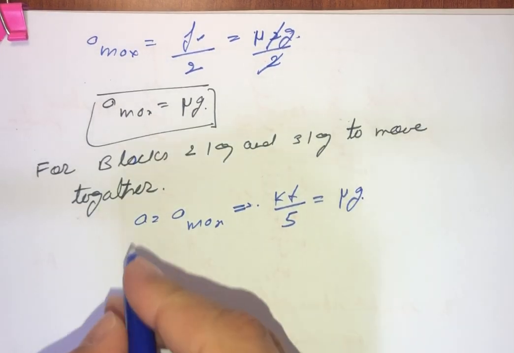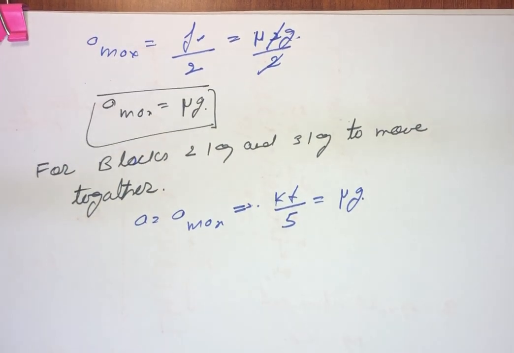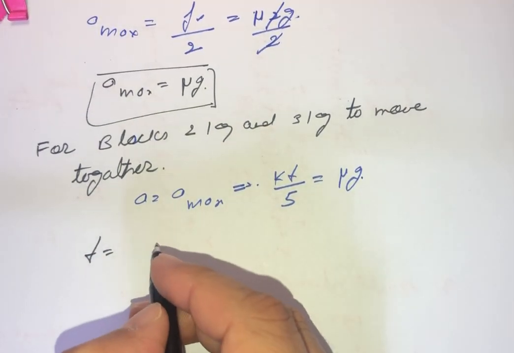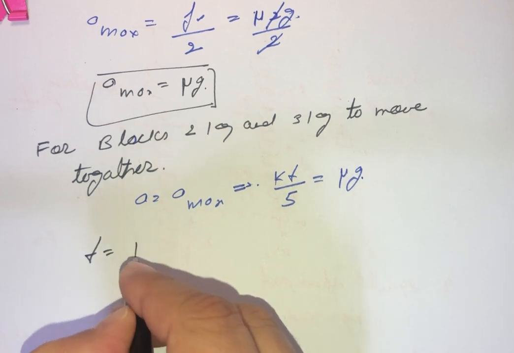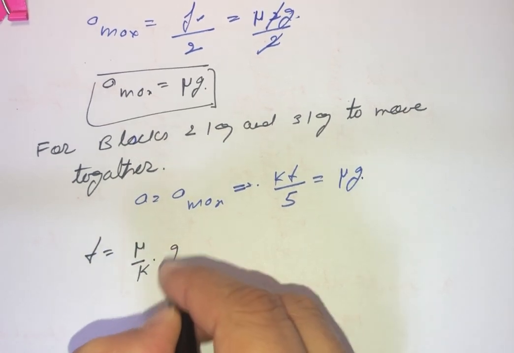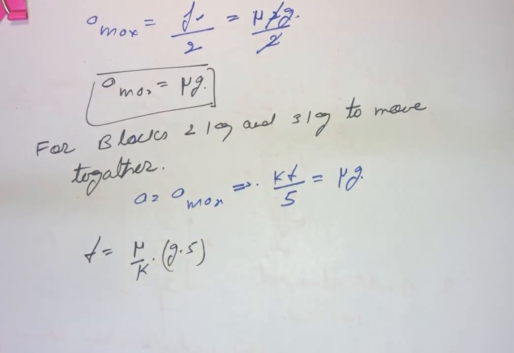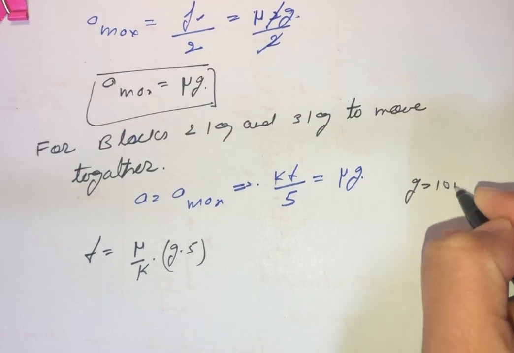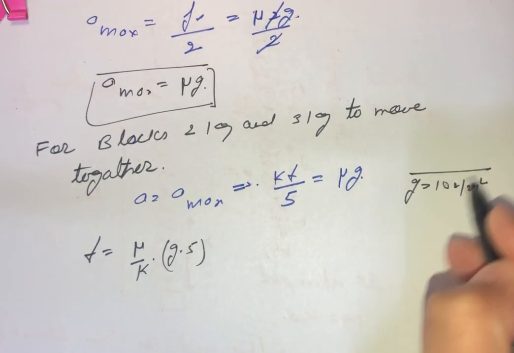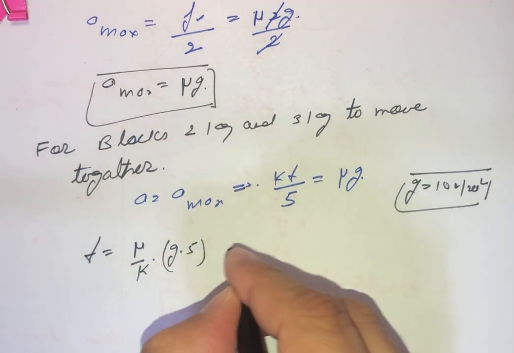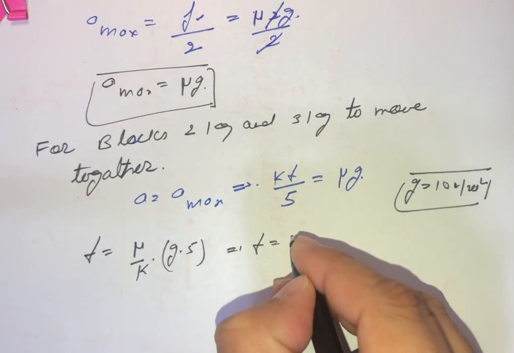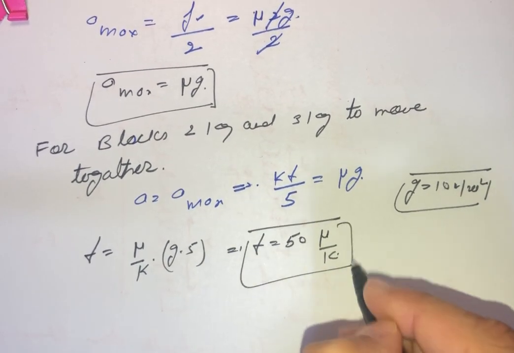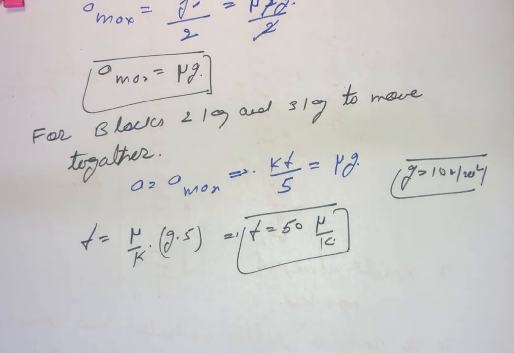So from here we can write that t is equal to mu g times 5 upon k. Taking g as 10 meters per second square, t is equal to 50 mu upon k.